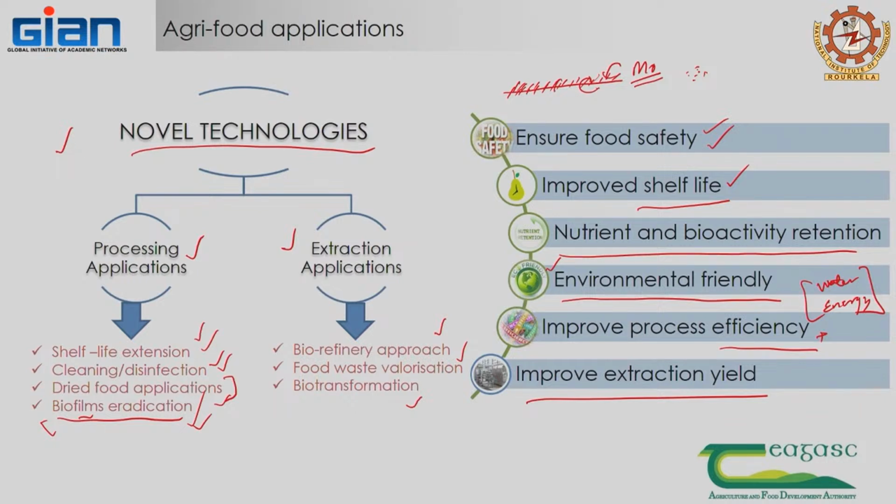So you could put any example, novel technologies for seafood: shelf life extension, high pressure processing, pulsed electric field treatment; cleaning and disinfection, that is washing of fish; dried food application if you have dried fish or a fish based ingredient; biofilm eradication.